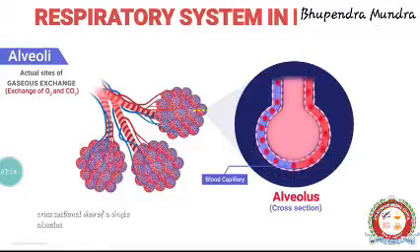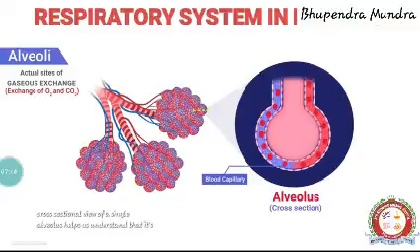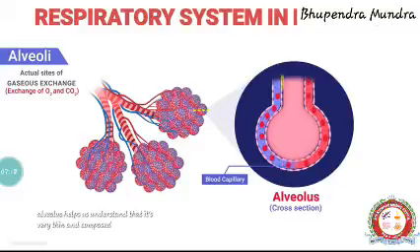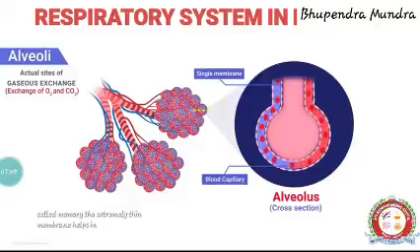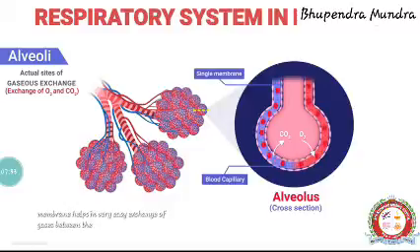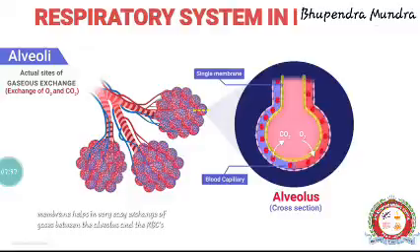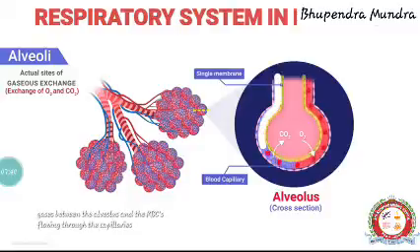A cross-section view of a single alveolus helps us understand that it is very thin and composed of a single-celled membrane, and the extremely thin membrane helps in very easy exchange of gases between the alveolus and the RBCs flowing through the blood capillaries.